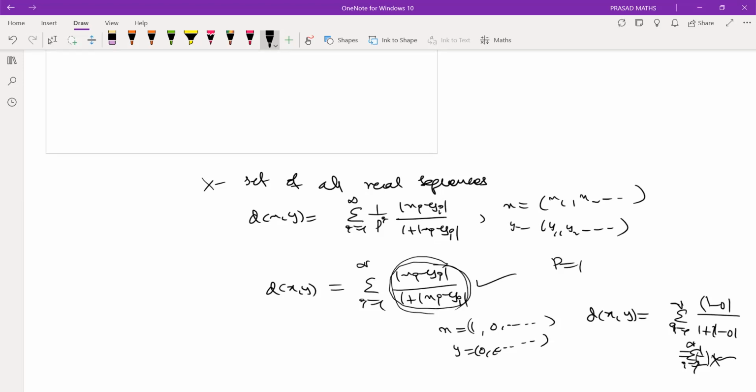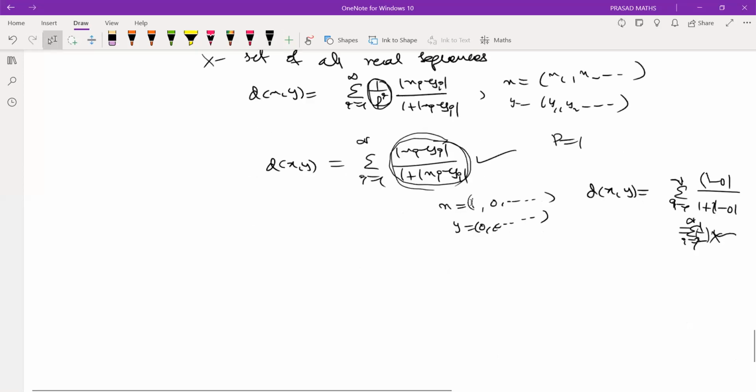So you know that in basic real analysis, I need this to be convergent to get a well-defined function. Why? Suppose you take p bigger than 1. If you take p equals to 1, you are getting a problem.